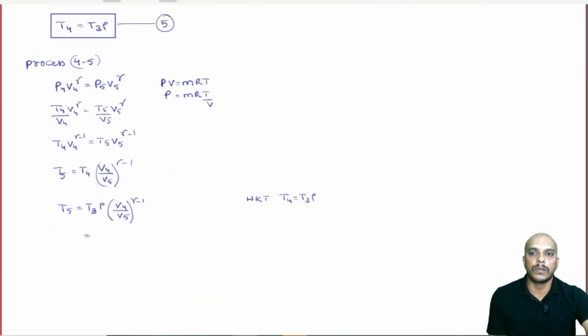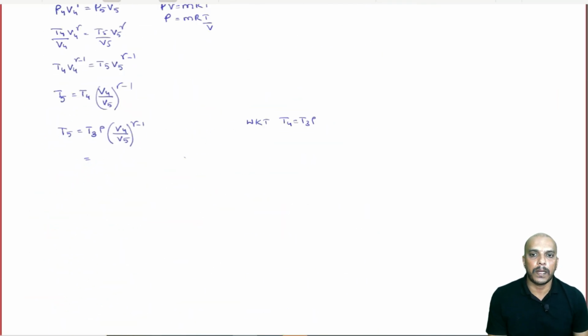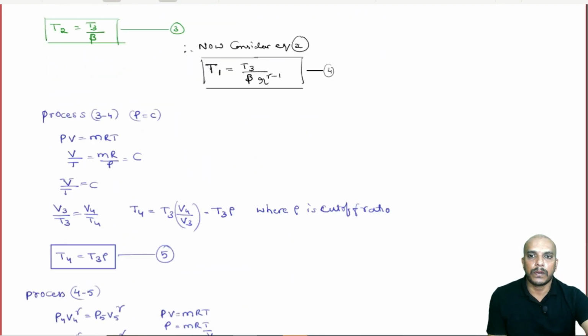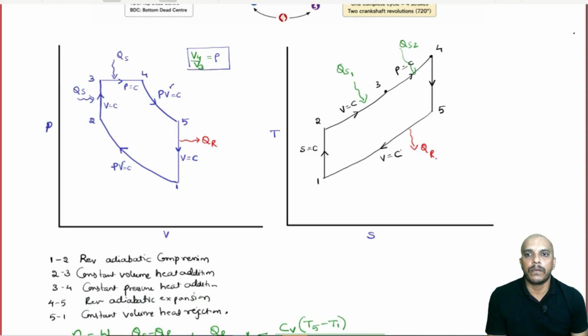So, what we will do, we will divide and multiply by V2 within the bracket. So, without changing the meaning of the equation, I am just rewriting T5 is equal to T3 rho, and inside this bracket, V4 by V5 is there, and I am multiplying and dividing it by V2. Now, what is V4 by V2? Let us check. V4 by V2 is nothing but V4 by V3, because V2 is equal to V3.